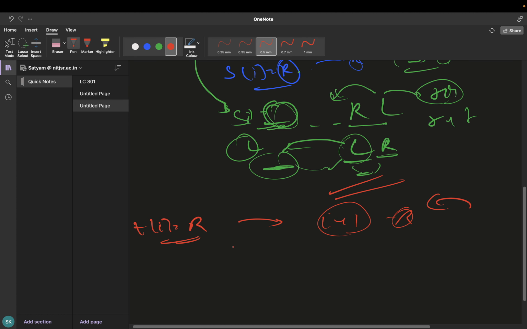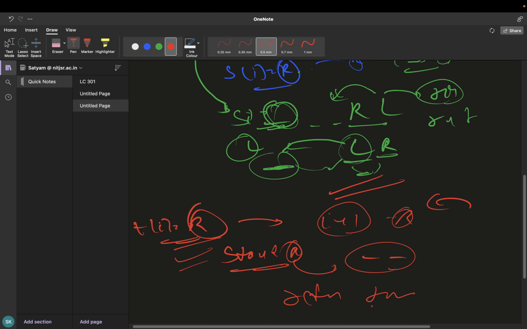So I'm simply checking that if in our stack R is present, we take this R and the count of R is decreased by 1, and we have cleared this case. Otherwise return false, because it's never possible to have S of I equals T of I equals R in this place if S of I is not equal to R.